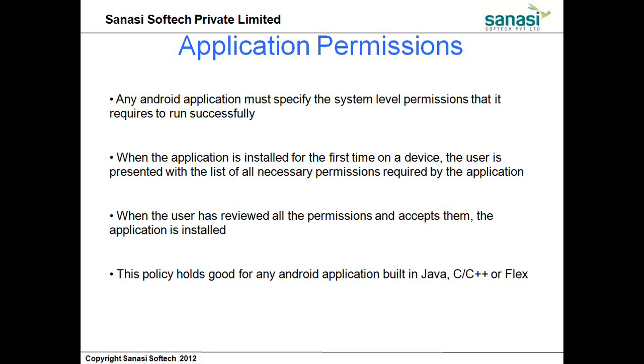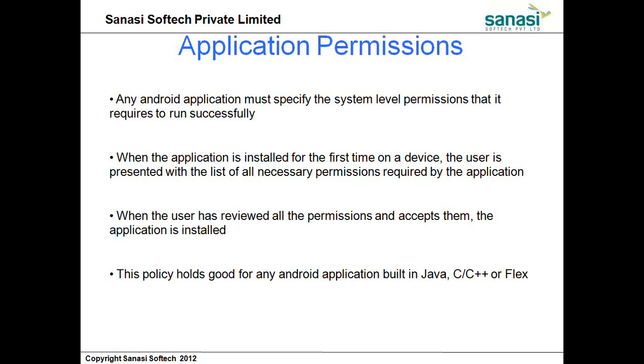Let's say your application depends on the micro SD card. So you'll have to obtain permission for accessing the micro SD card, and so on. So the point is that any Android application that is built needs to explicitly mention what are the system level permissions that it is expecting so that it can run successfully. So that's a very, very important point.